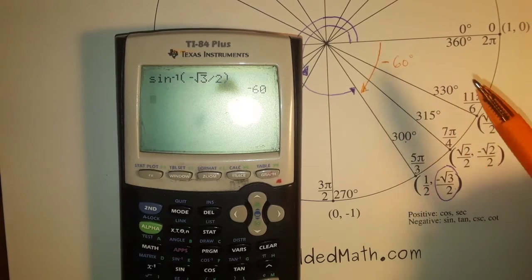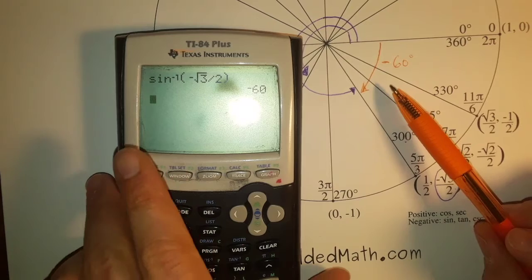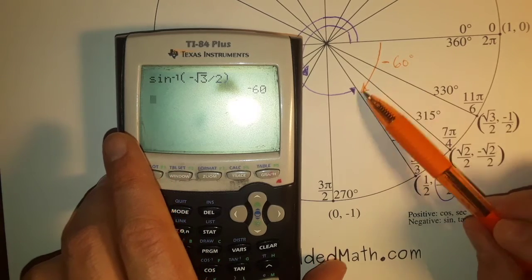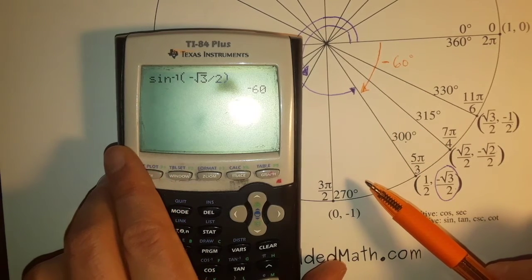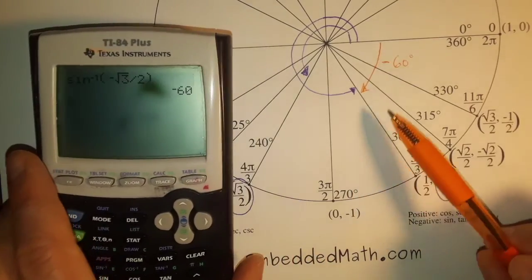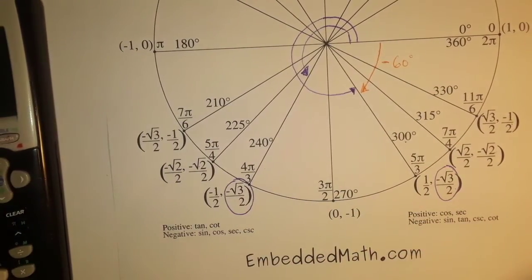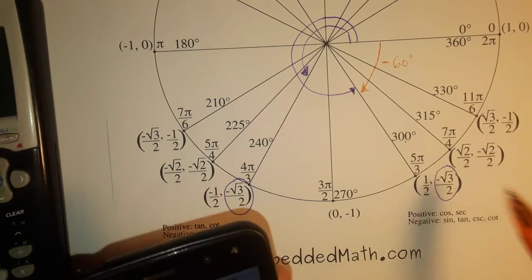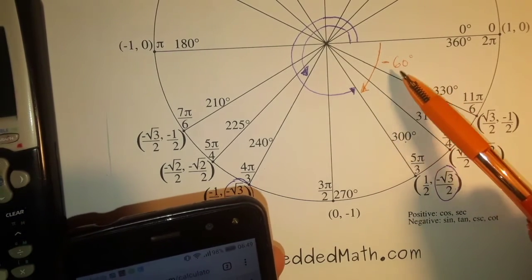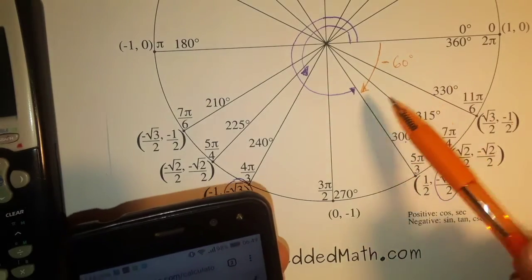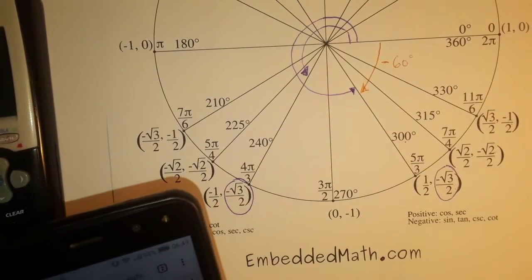So just to make sure that you understand that the calculator might sometimes give you negative degrees. That's not wrong. It's just another way to look at it, right? So you have to get used to different ways of getting these answers. And again, if you don't like the negative, you can add 360 to the negative 60 and you're gonna get 300, right?